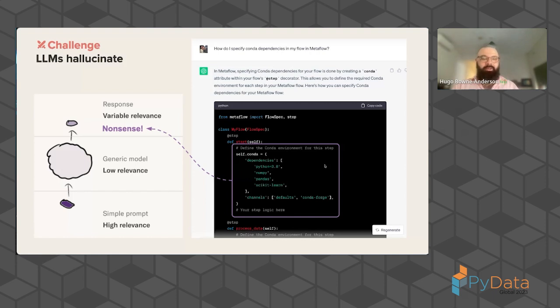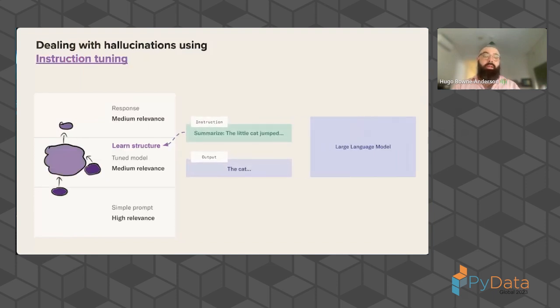The level of deviation from any trusted database is actually unacceptable. So how do we figure this out? We can deal with it by what I mentioned earlier, fine tuning or instruction tuning. We can continue training the model on a much more tightly curated data set, teaching it how to do specific things like follow instructions.